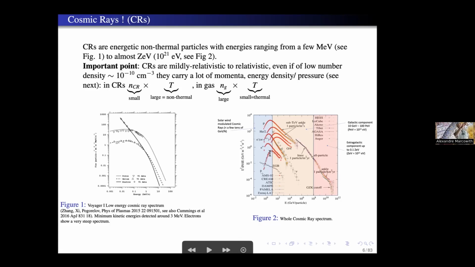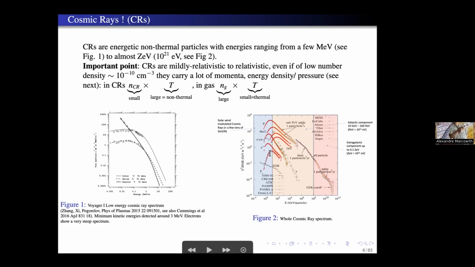And then another component pops up at very high energy, which is likely of extragalactic origin, because these particles have so much energy that they cannot be confined in our galaxy. They are coming from another source or several sources outside our galaxy, until the end of the spectrum, which is around a few times 10 to the 20 eV, a fraction of a zetta electron volt. 1 zetta electron volt is 10 to the 21 eV.